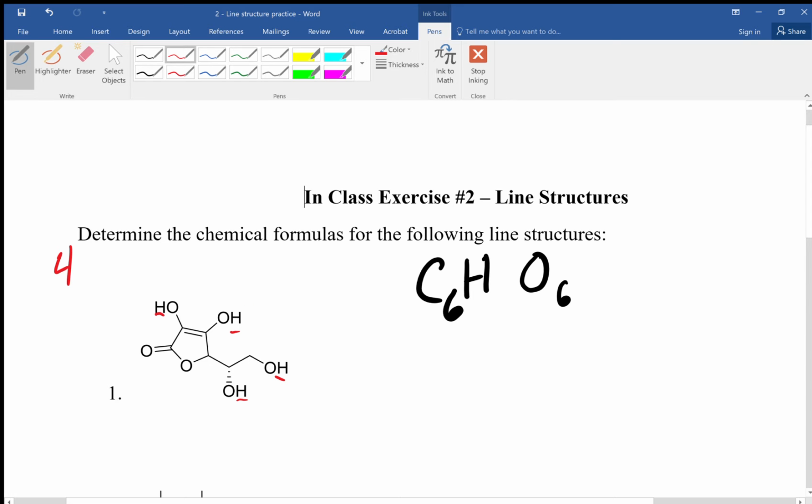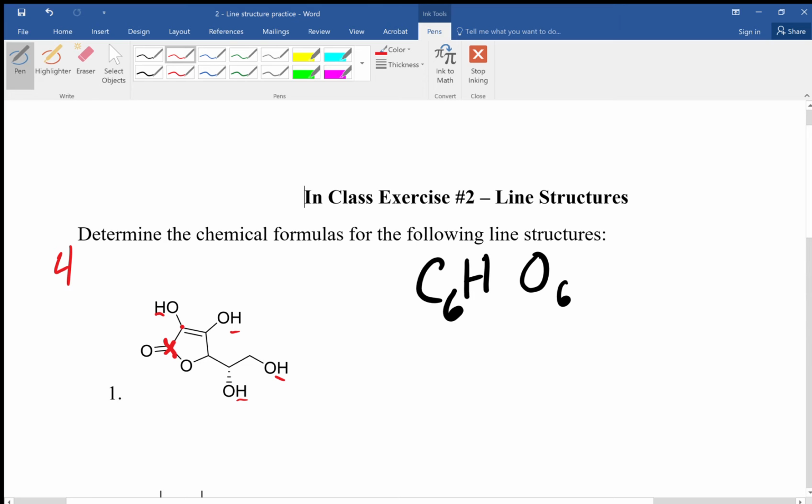Now if we start going to the carbons, first of all we can see this carbon here has a double bond to the oxygen, a single bond to the oxygen, and a single bond to another carbon. So there's already 4 bonds there, so we don't need any hydrogens. So I'm just going to put an X through it to note that we've counted it.